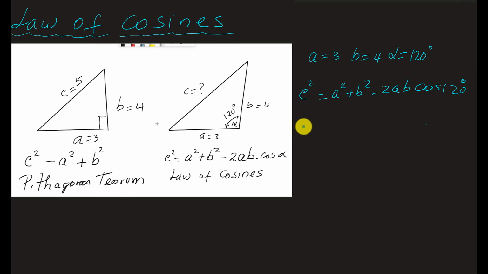So we have that C squared is equal to 3 squared plus 4 squared minus 2 times 3 times 4 cosine of 120 degrees. This gives 25, just like Pythagoras, adding those squares.